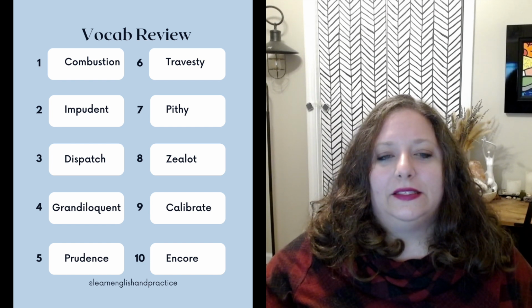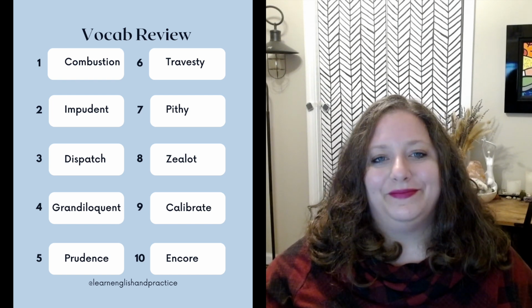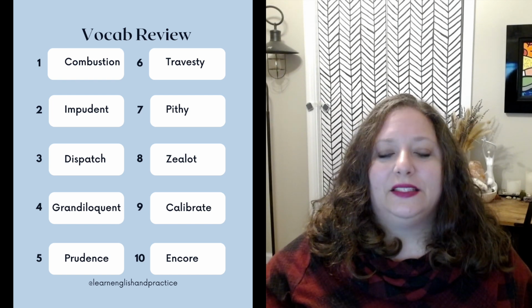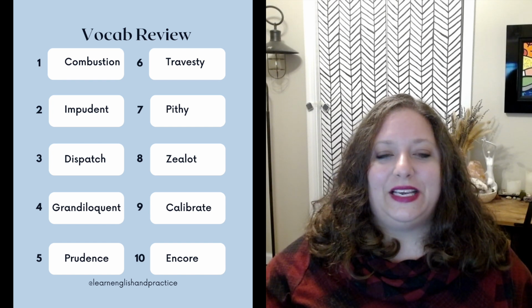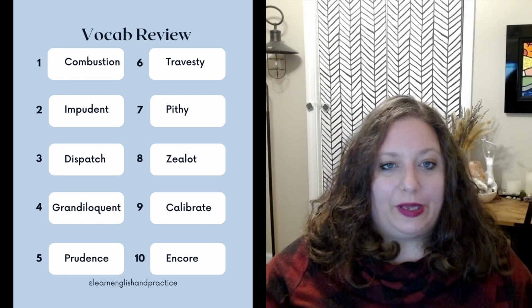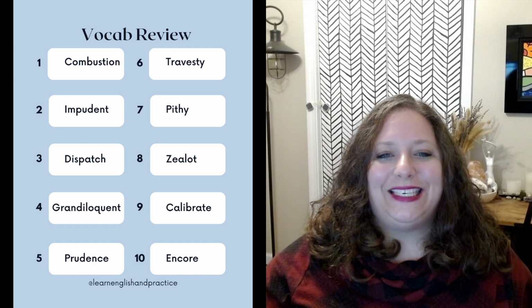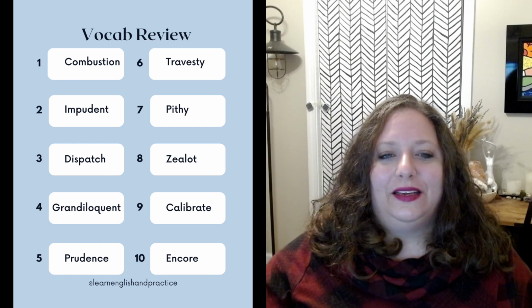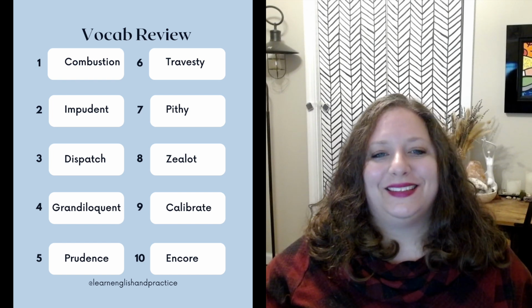Prudence is the ability to govern or discipline oneself using reason. Travesty. Travesty is a really inadequate or terrible imitation. Pithy. Pithy is having substance and a point, or very cogent.